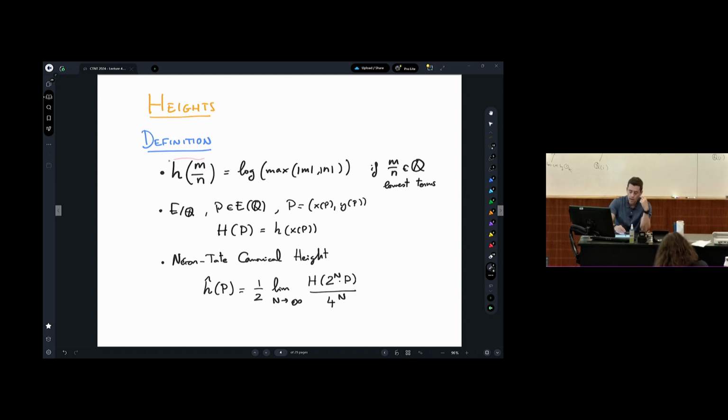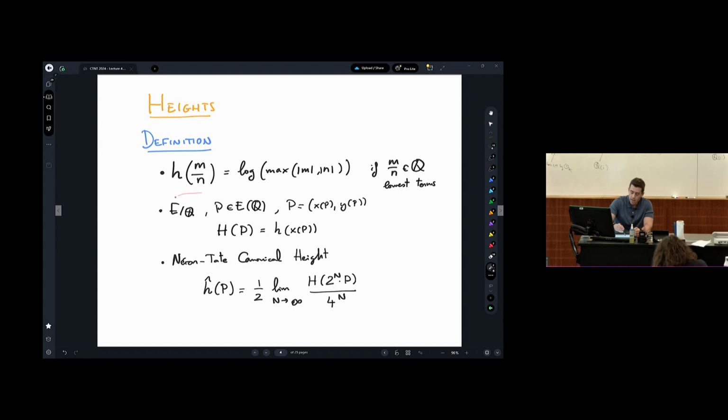So first of all, a height on Q: if you have a rational number in lowest terms, the height of that number is going to be the log of the max of the absolute value of the numerator and denominator. That's a way to put a height on Q that gives me some idea of the arithmetic complexity of a rational number, not just in terms of the size, but in terms of the size of the numerator and denominator.